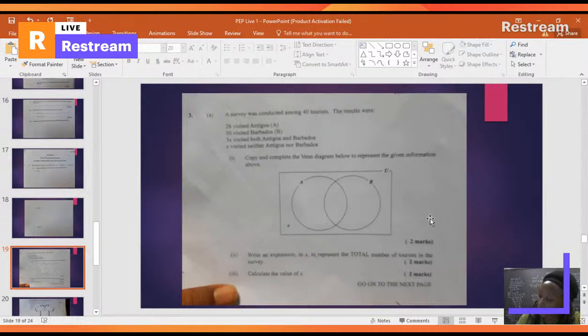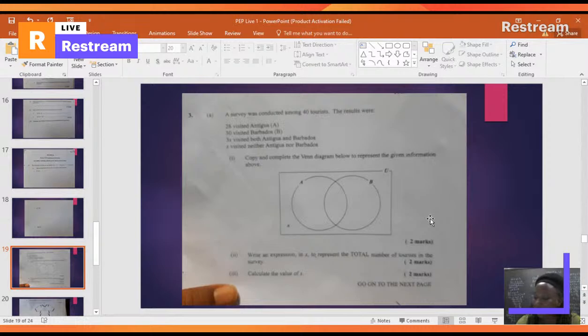So that would be 28 minus 3x plus 3x plus 30 minus 3x plus x. When we simplify that, we get 58 minus 2x. And that is the expression.